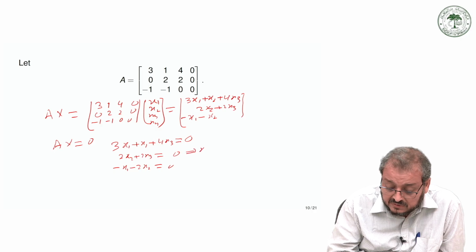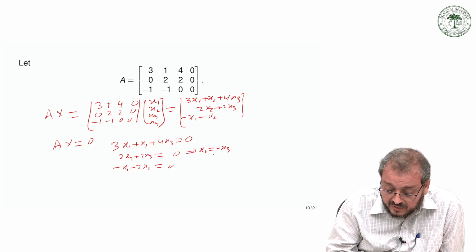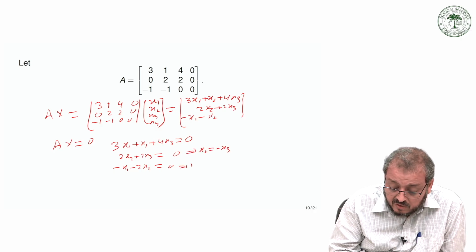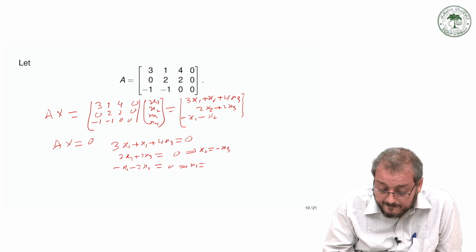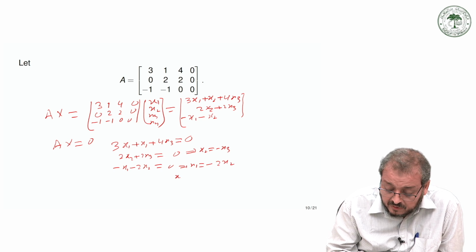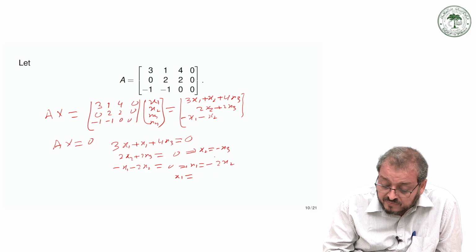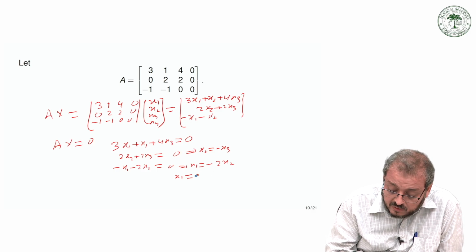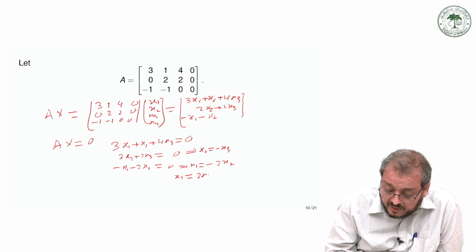So this implies that x2 is equal to minus x3. This implies that x1 is equal to minus 2 times x2, so x1 is equal to twice x3.